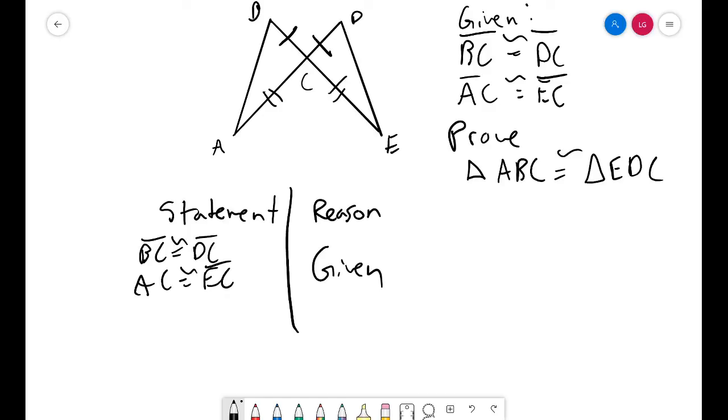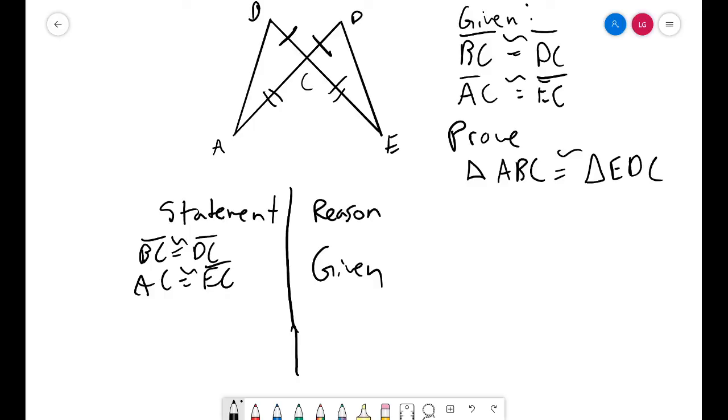And now we want to establish that the two triangles are congruent, and we're likely going to do that via one of the postulates. And this is where the diagram comes in helpful. You can kind of start to see, like, well, what are our options here?